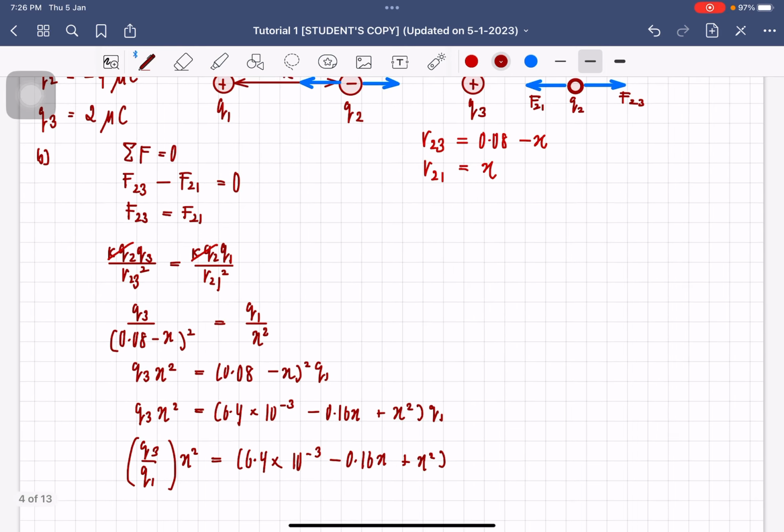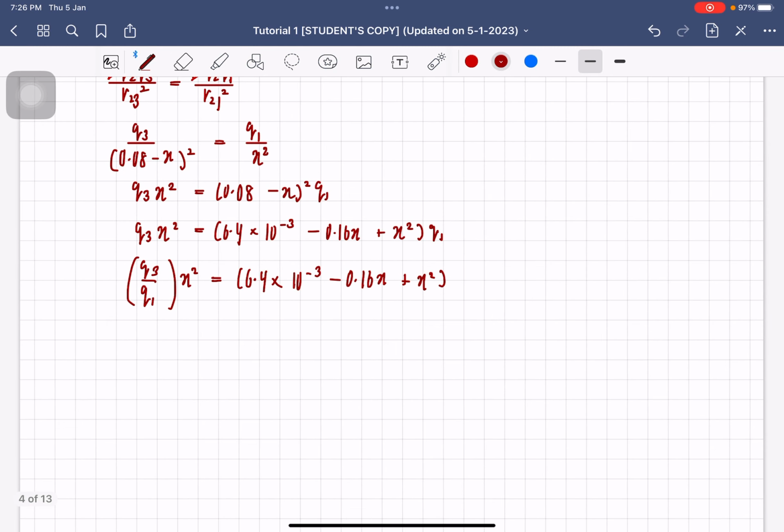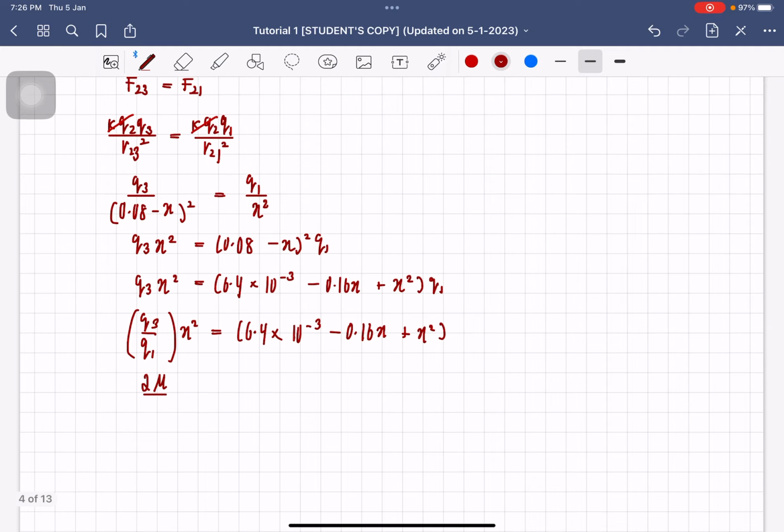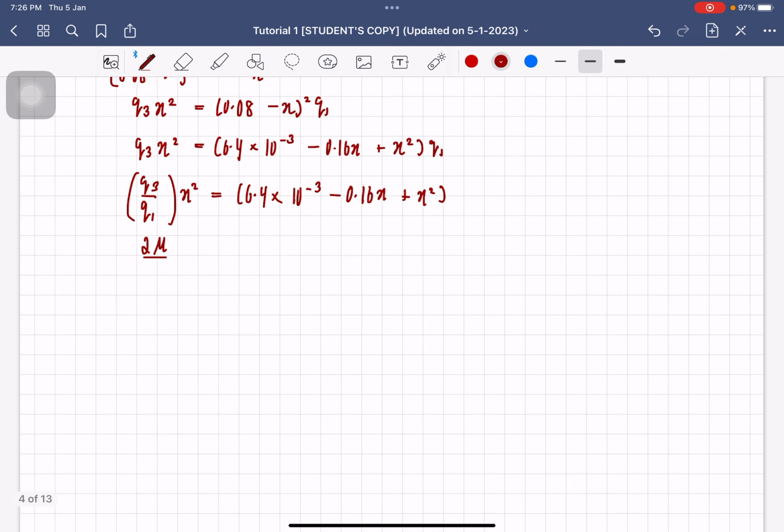So Q3 is 2 microcoulomb. So this is, I'm just gonna put micro because it will cancel later on. So Q1 is 5, so this is 5 micro.